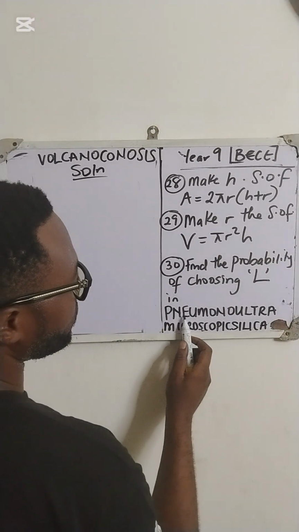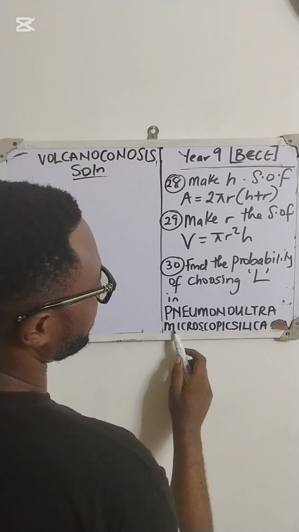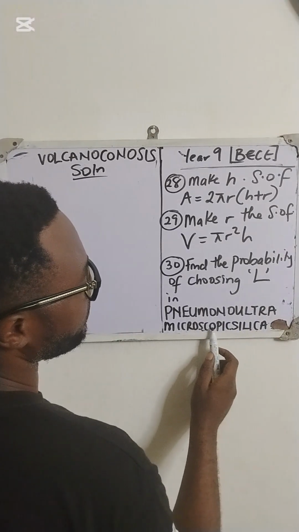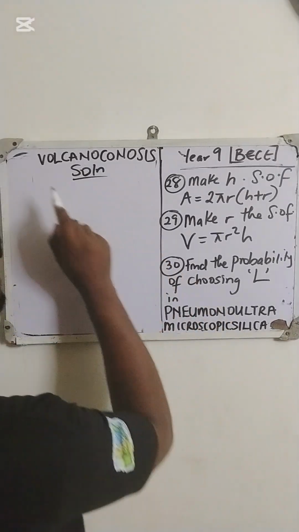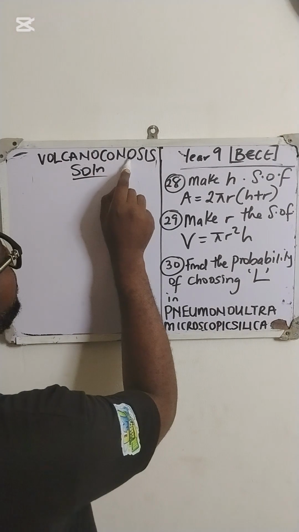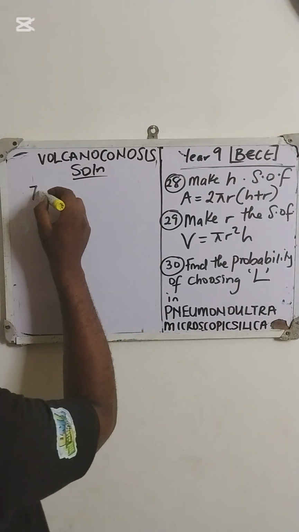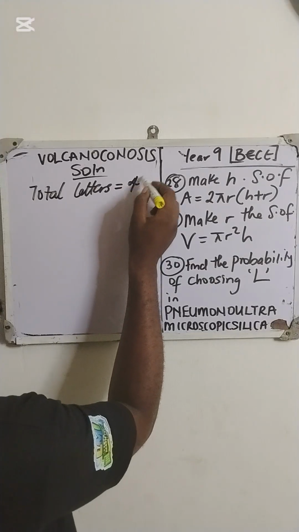So let's go 1, 2, 3, and so on, up to 44. So the total number of letters is 44.